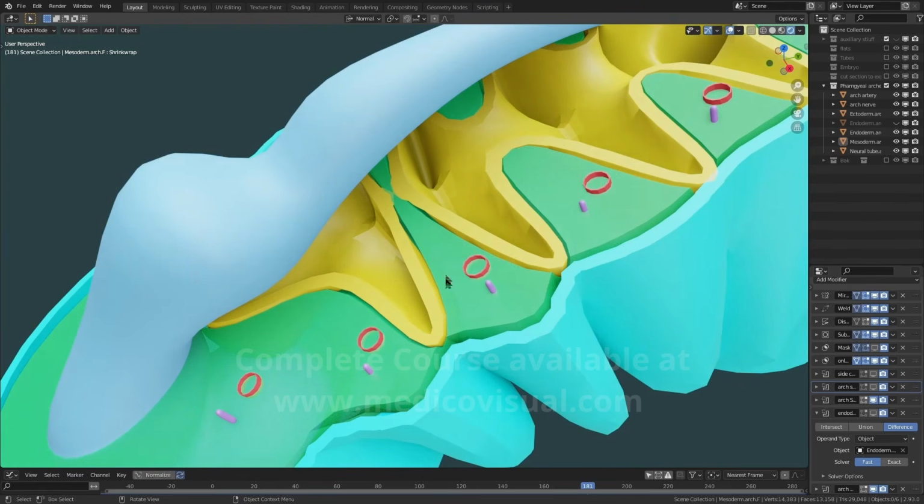And by the way, the neural crest cells that came here will also form special cartilages. They will form some bars of cartilage that are going to form important skeletal structures of the head and neck region.